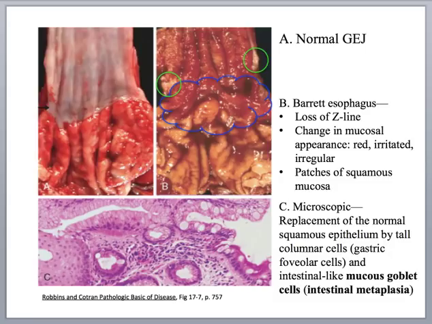That's the normal epithelium of the stomach, and then these large cells distended by bluish mucus, which are the mucus goblet cells identifying intestinal metaplasia and which are diagnostic for Barrett esophagus.